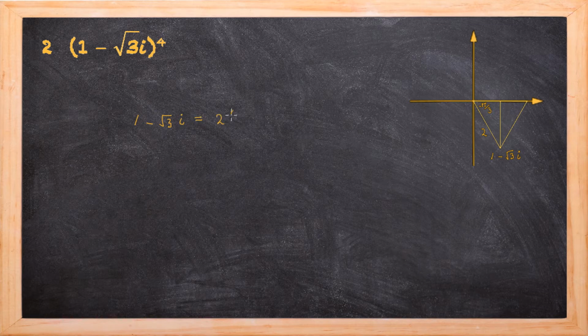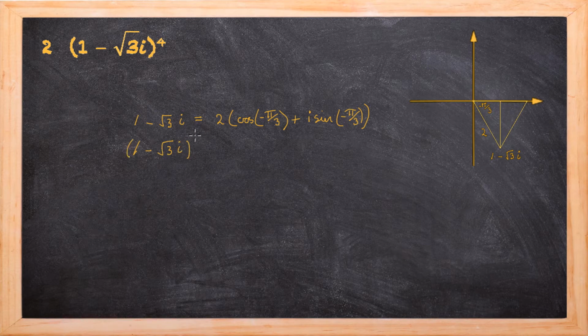So modulus of 2, argument negative π/3. So cos(−π/3) + i sin(−π/3). And we're raising it this time to the power 4.